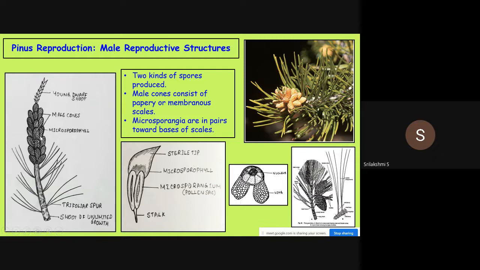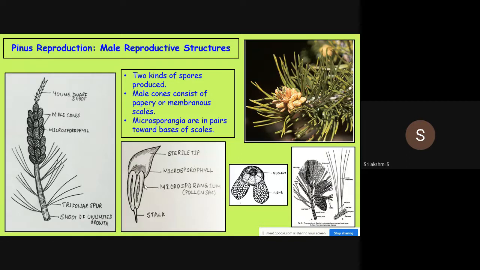Now, when you take one single microsporophyll, this is what you are seeing in the second picture here. A single microsporophyll shows a sterile stalk, by means of which it is attached to the central axis. And then the microsporophyll, as usual, extends into a sterile tip. What is the tip called?